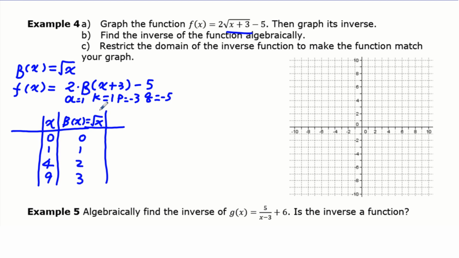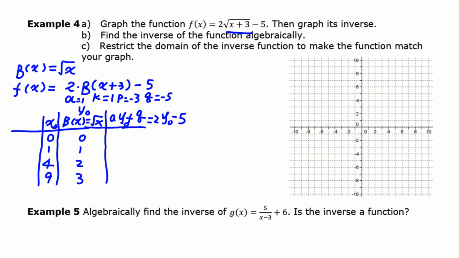Then the new y value is a times y of the parent function plus q. This is the y of the parent function, so a times y0 plus q is 2 times y0 minus 5.